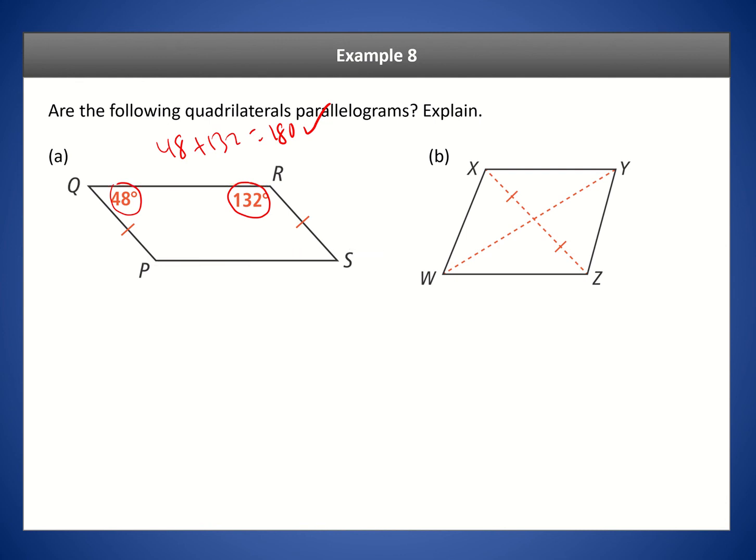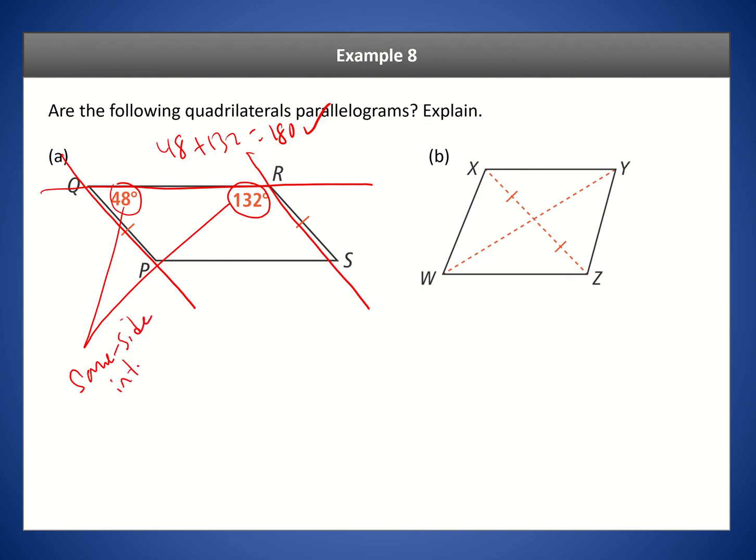Let me explain that. You can think of these as parallel lines, and this is my transversal, and these are same side interior angles from chapter 2. And we know that same side interior angles from that theorem add up to 180. And therefore that proves that these two lines are parallel.